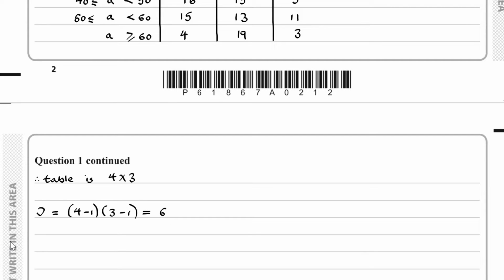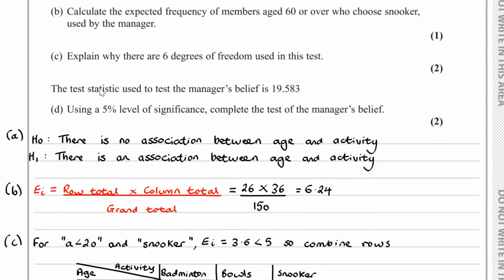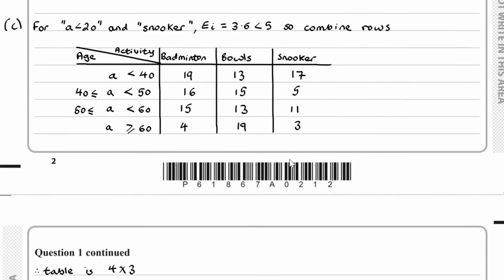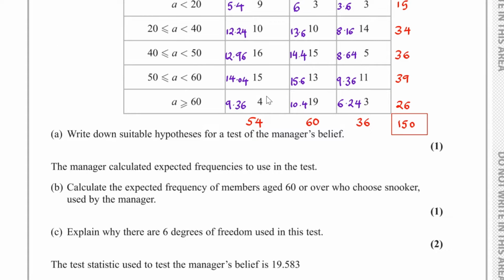Okay, now for part D, we're told that the test statistic used to test the manager's belief is 19.583. You can find that out by working out the observed minus the expected, then square that value and then divide by the expected, and then add them all up together.